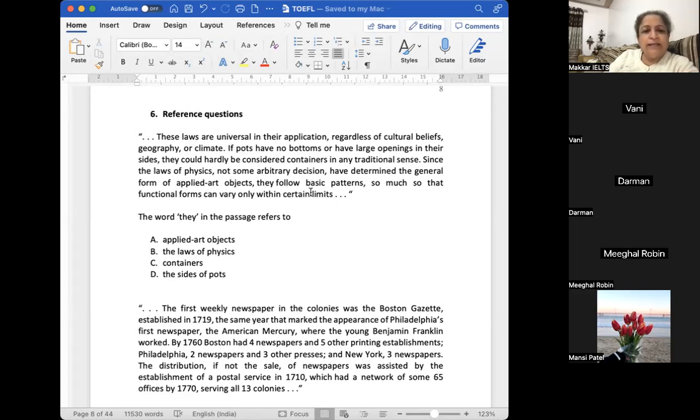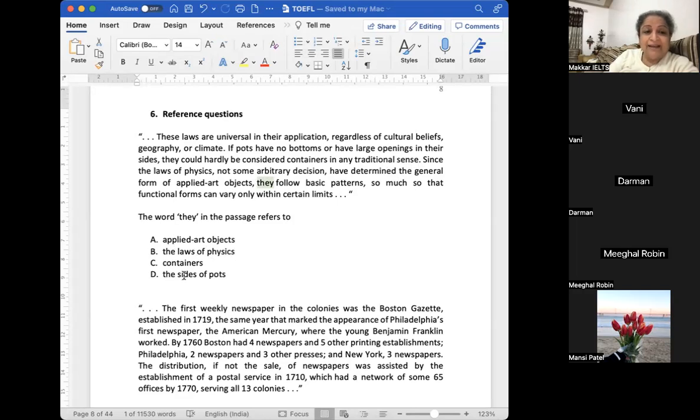They follow basic patterns. ये they use हुआ है ना, इसमें एक ही they use हुआ है. The word they in the passage refers to what? Applied art objects? मैम दो जगह में B. हाँ? B. दो जगह में दे दिया हुआ.